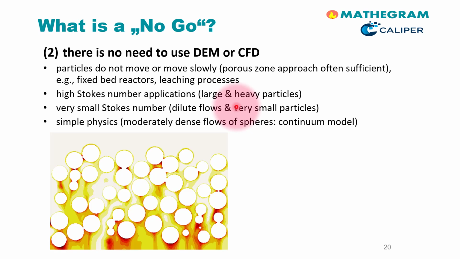Last, in case the flow is described by simple physics, e.g. moderately dense flows of spherical particles, continuum models, such as the two-fluid model, may be favorable compared to a CFD-DEM simulation. This is mainly due to the lower computational cost for a similar level of precision in the results when using a continuum model.